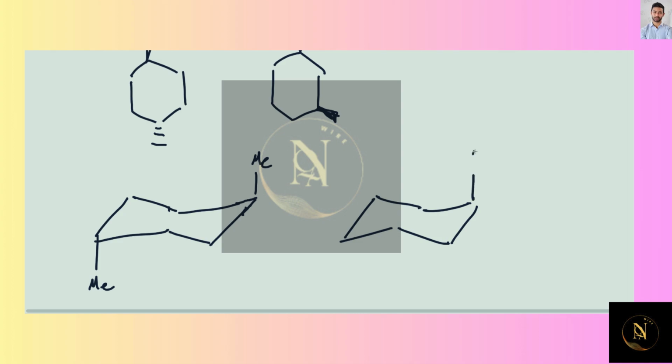And we'll go axial tert-butyl here. And 3 carbons away, if it's cis, the group will also be axial. Okay, so this is the comparison, right? This is comparing the diaxial of the dimethyl to the diaxial of the methyl tert-butyl.